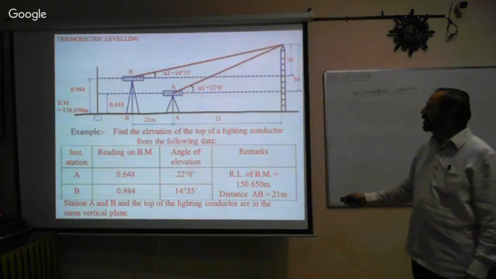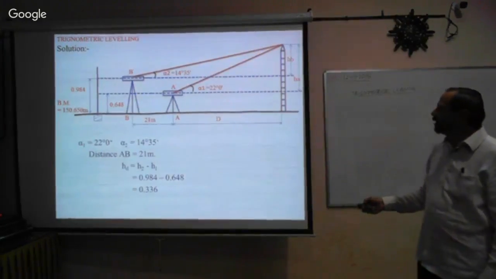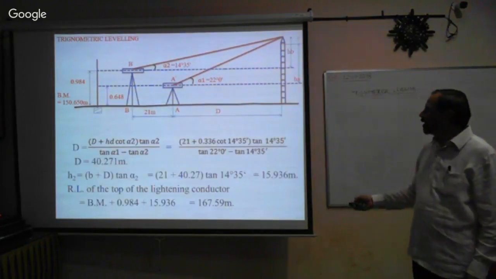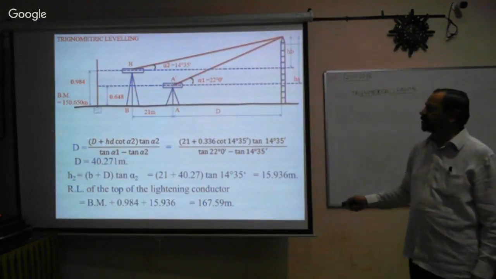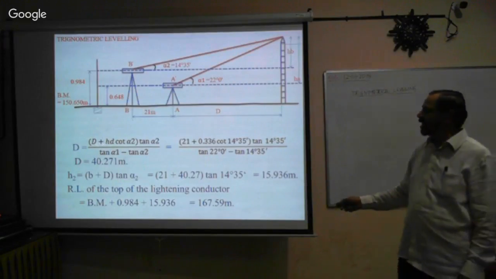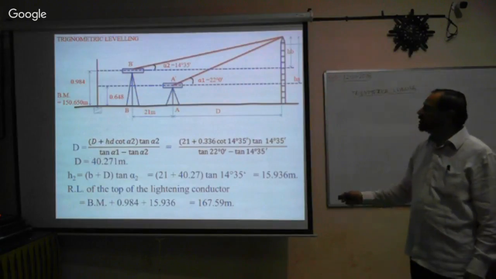Now the diagram has been drawn here. Similarly, you just substitute the values. See, here B is increased. Please make a correction, it is B, not D. It is 21 meters, B plus, so from here to here, the modified triangle.